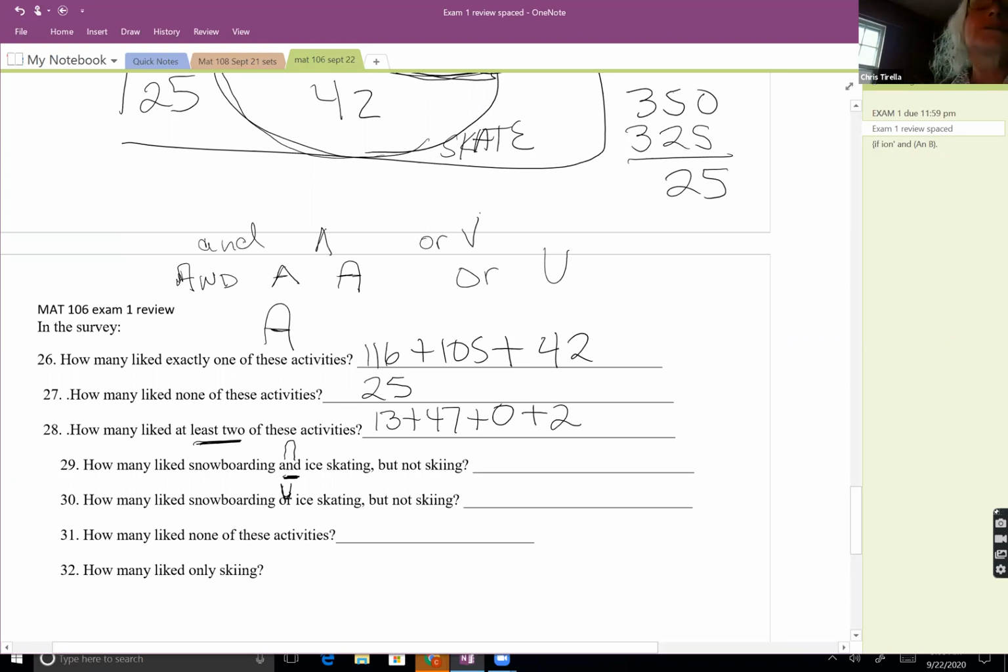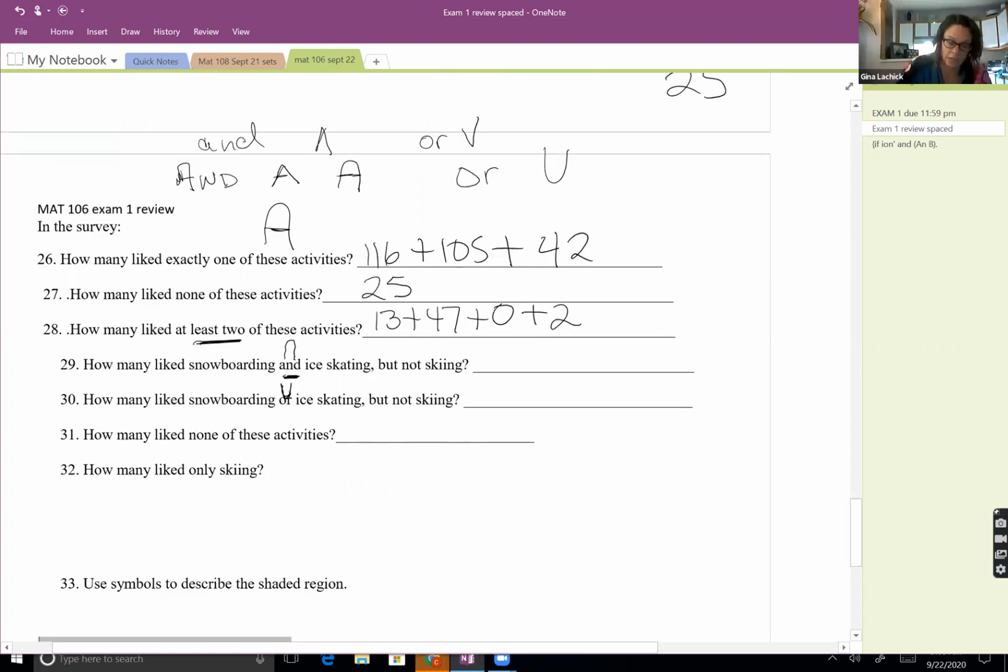Logic is very similar to what you do with sets. So intersection means and.